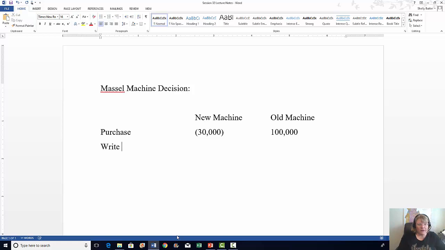Now the write-off would be depreciation, and we'll just abbreviate it that way. On the new machine, it will be $25,000, right? $25,000. Because, let's go back to the PowerPoint.